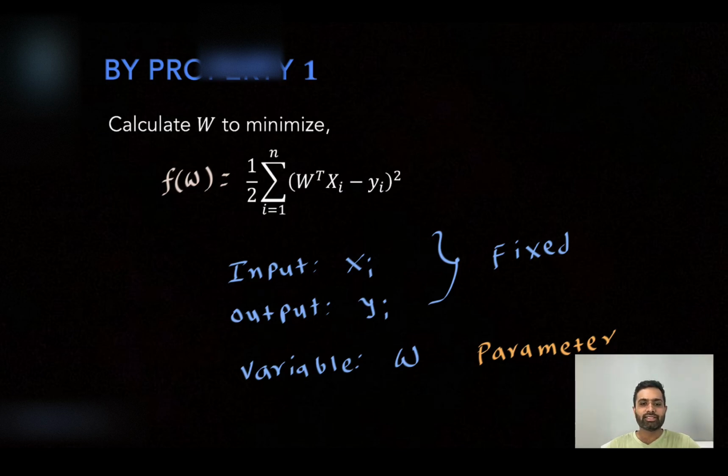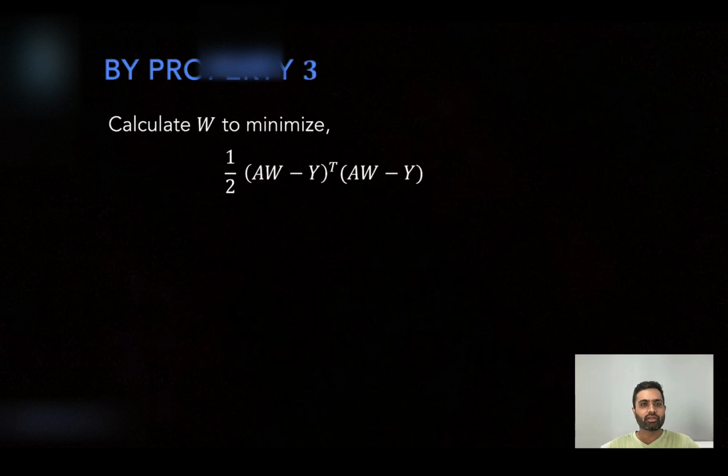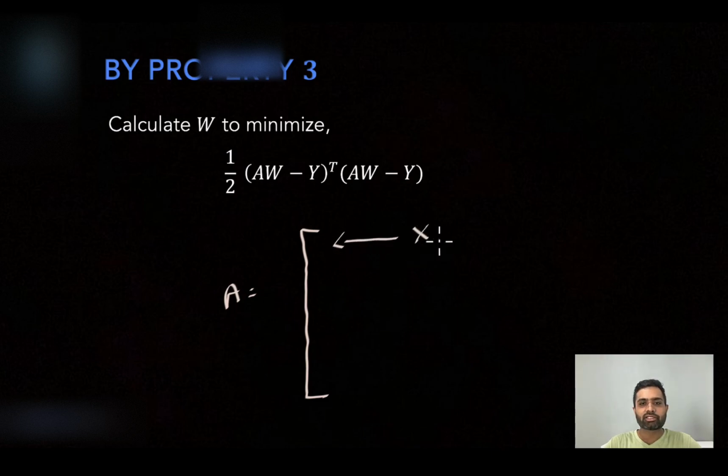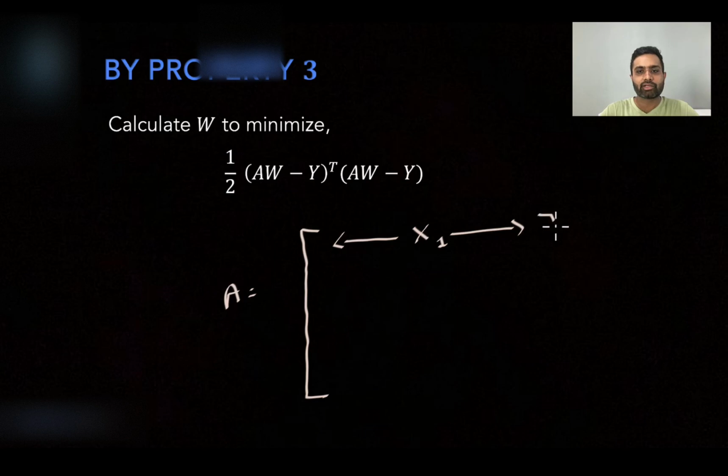We will see the analogous property for w, and we have also defined a new form of this loss function in terms of matrices. Here the matrix A, if you remember, consists of rows where each row corresponds to a certain data point. In particular, the first row corresponds to the data point vector x subscript 1, the second row to x subscript 2, and likewise.